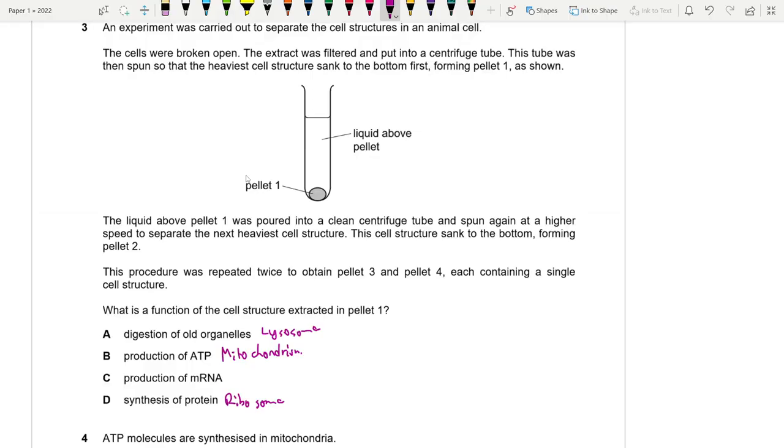So this is mainly produced by the nucleus. So this is pellet 1, this is pellet 2, this is pellet 3, and this is pellet 4. You will see these in other questions. So the heaviest one is the nucleus itself, C.